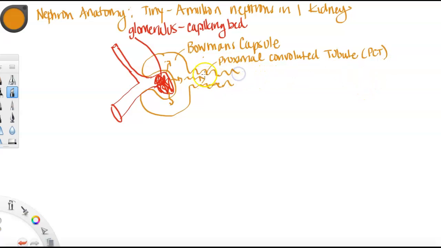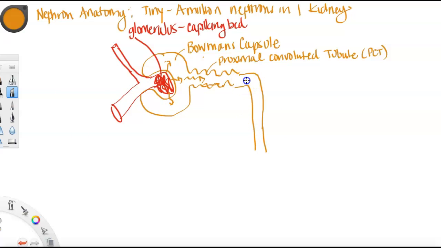That's why I drew it kind of wrinkly like that, because it's not a straight tube. The proximal convoluted tubule is a long thing that kind of intertwines around itself and then eventually curves down into the medulla. I'll show that in just a second.